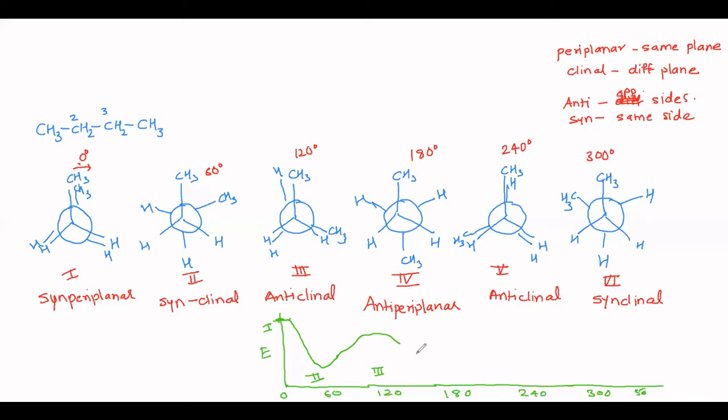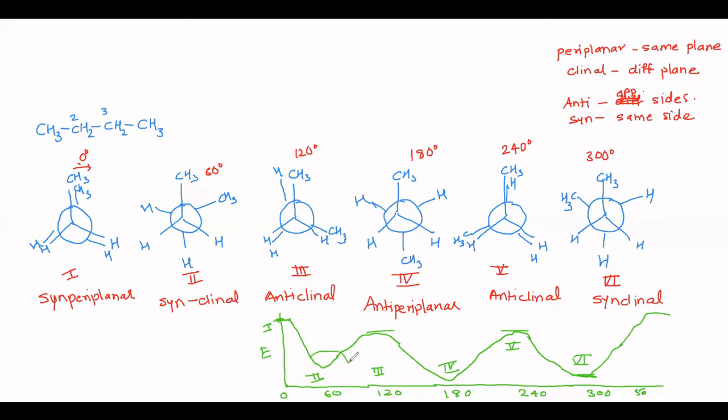The fourth structure is the most stable form, and that's why the energy level will be very low, which will again change to the fifth structure, which will have the same energy level as your third. So the fifth structure is again anticlinal. The fourth is the most stable form, and then it will go to the energy level like the second, and finally it will reach 0 again at 360.